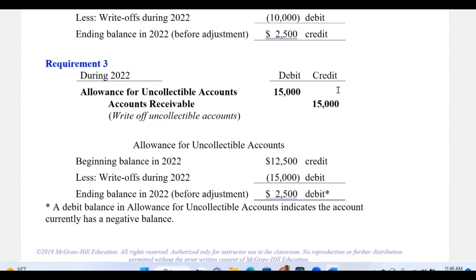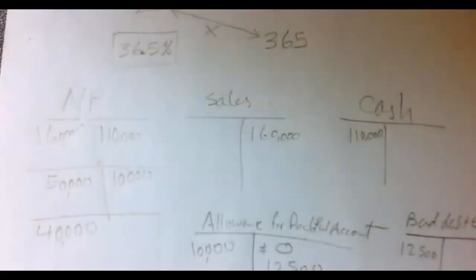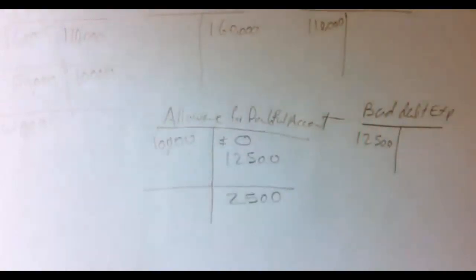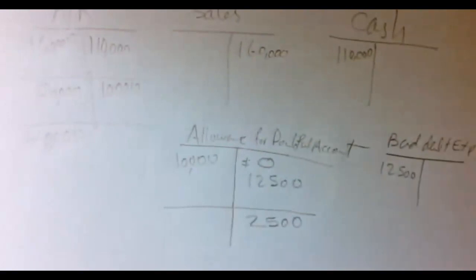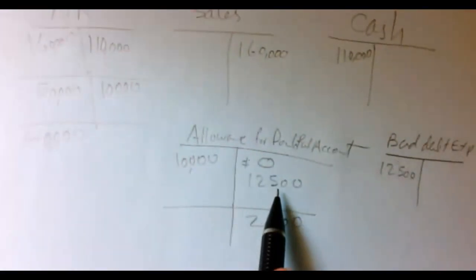So let me stop sharing for a second and show you with my camera so you can see what I mean. Here is a pen. So I put this on the T account as we were speaking, right? You see the bad debt expense is 12,500 and the allowance is 12,500.